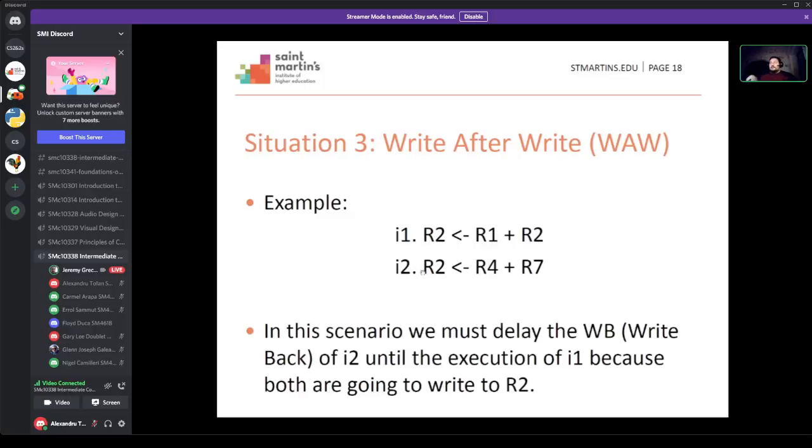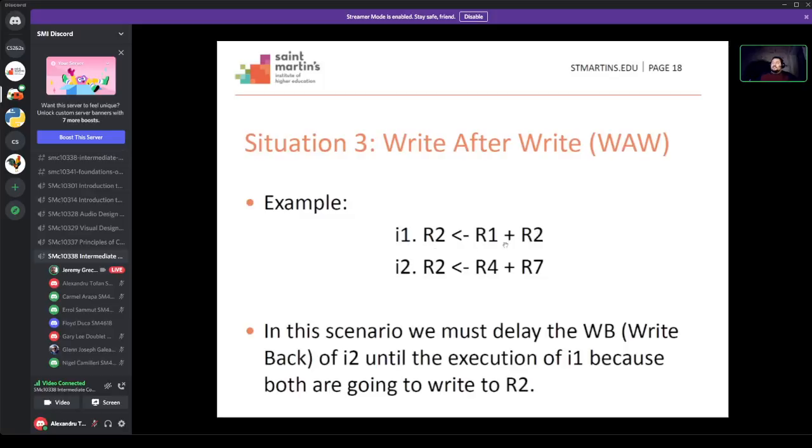If there is a delay, essentially, in this case, you would want, again, this is because of concurrent implementation, that the write back into register 2 for instruction 2 would be delayed until the write back of instruction 1 has been carried out, for two reasons.